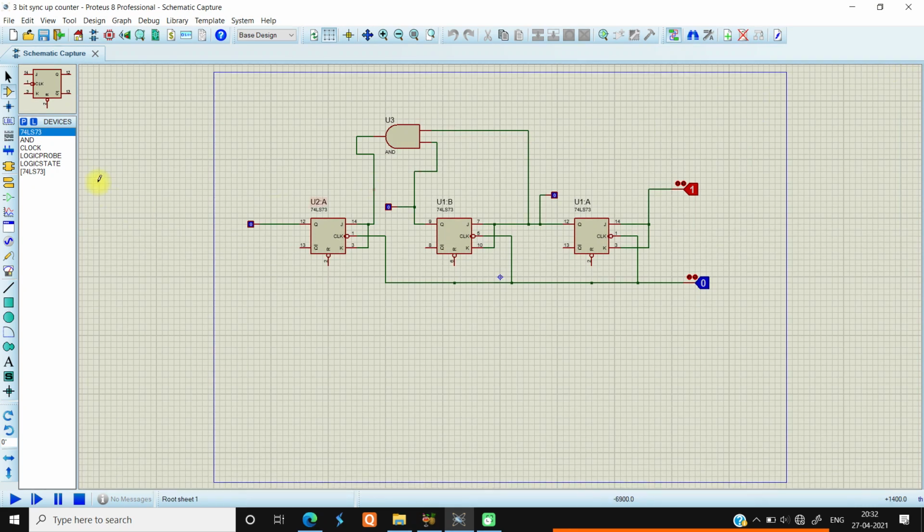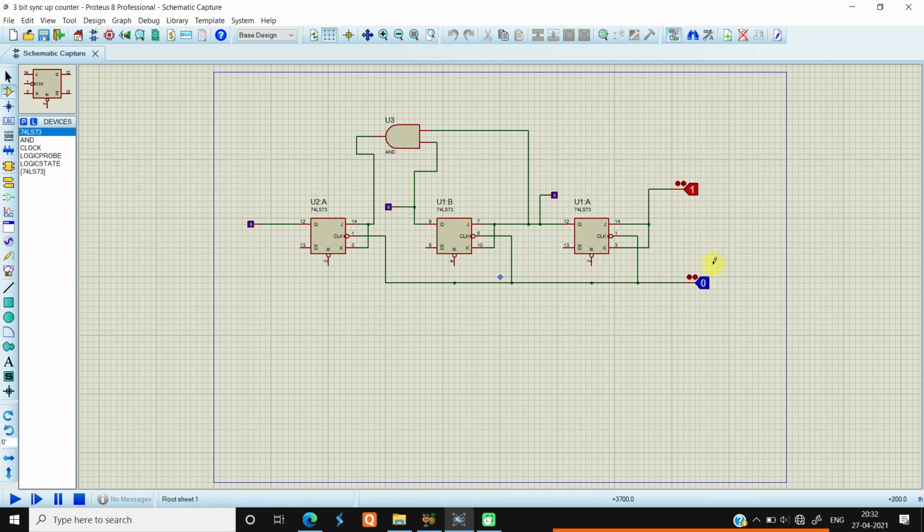So what I have done is I didn't use this particular clock. What I am going to use is the logic state that is going to be used over here. Since we need to have a JK input for the first flip-flop, it is going to be shorted and given permanently to a logic 1, and the clock signal can be controlled by using this particular logic probe itself.